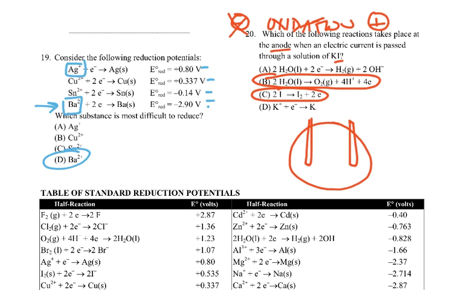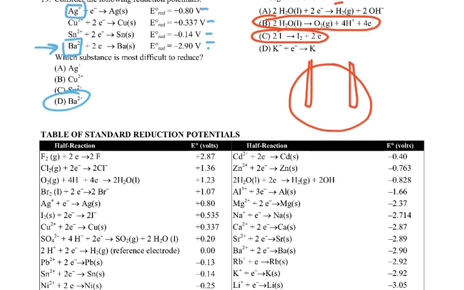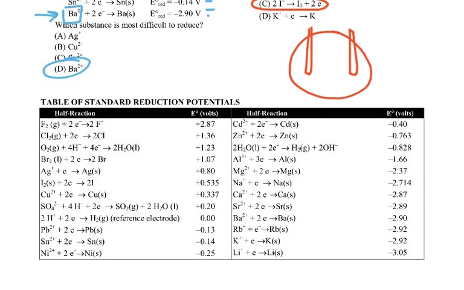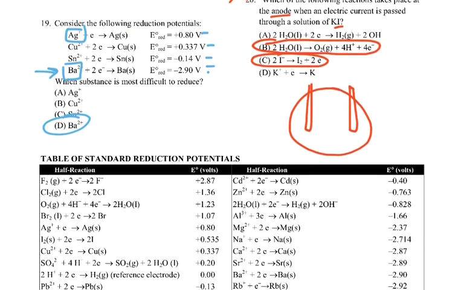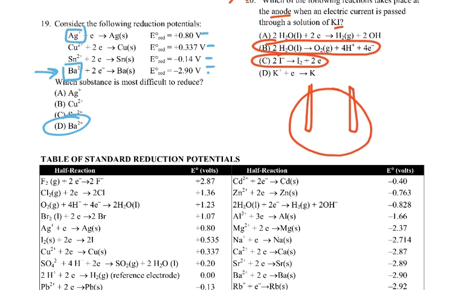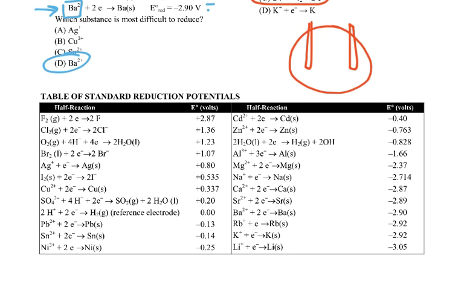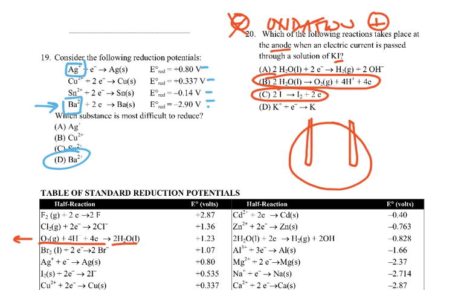Now we have to go back and look at their oxidation potentials. These are all written here as reduction potentials. So if we find the water turning into oxygen, that is on here, but it's going to be on here in reverse. Here it is. So it's this guy, but reversed. So the number we want, not positive 1.23, oops, we're going to want negative 1.23.